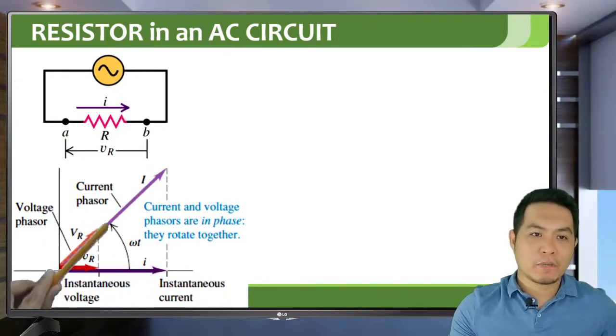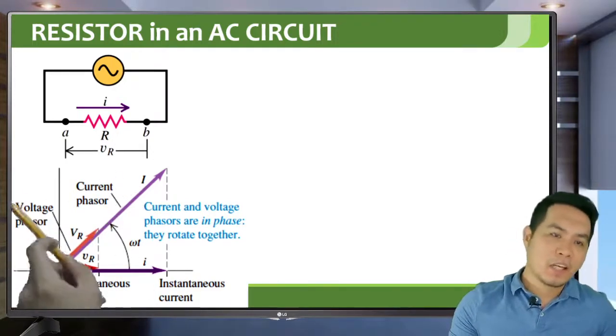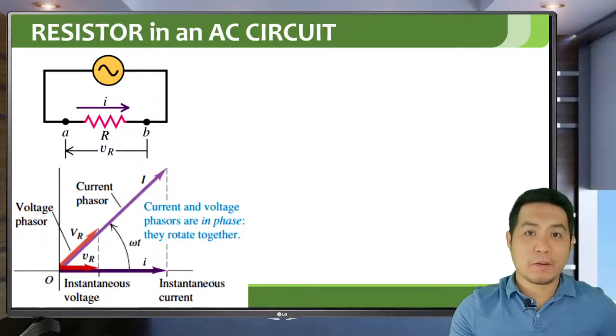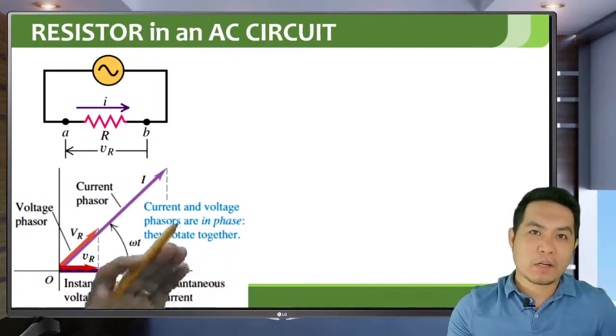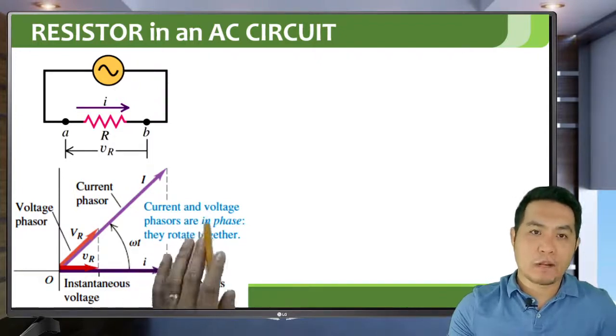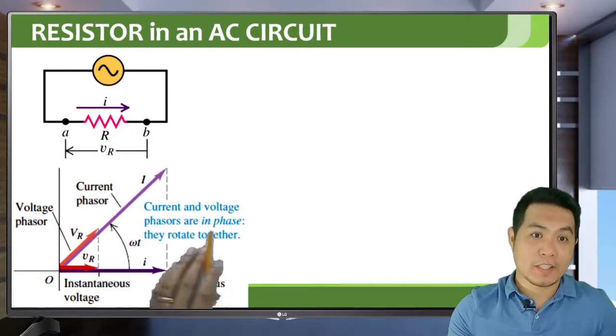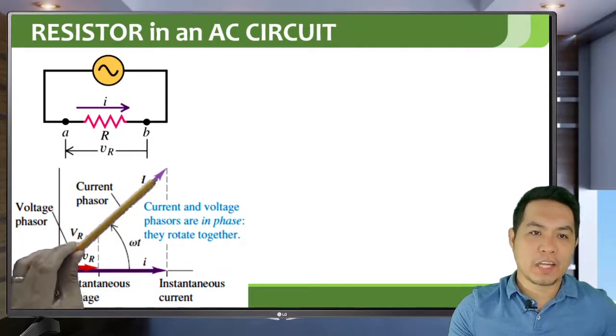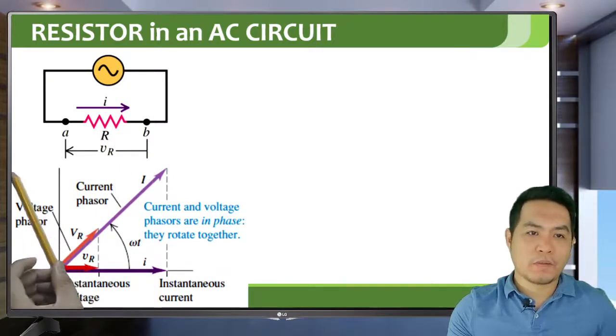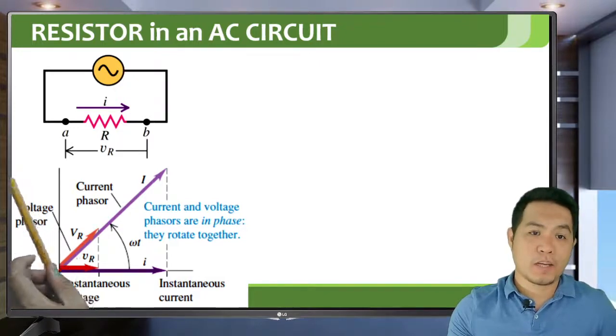They rotate at the same angular frequency omega, and they are also in phase. So if the voltage phasor is here, the current phasor is also here.